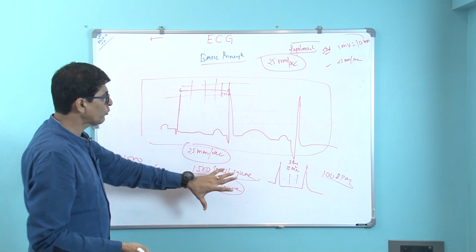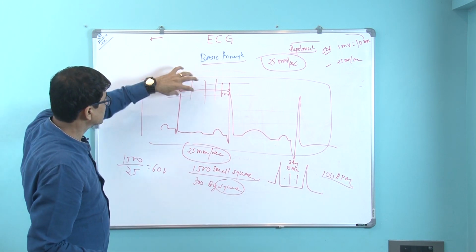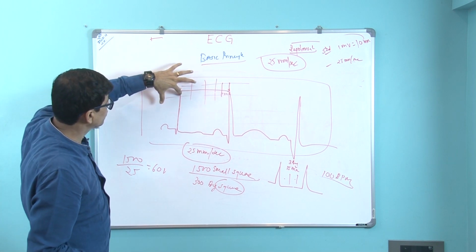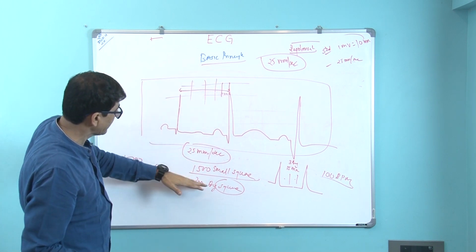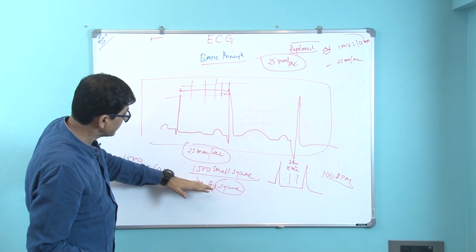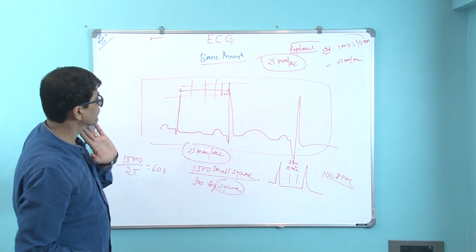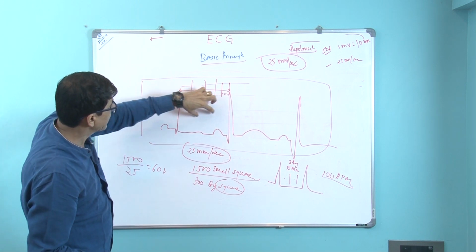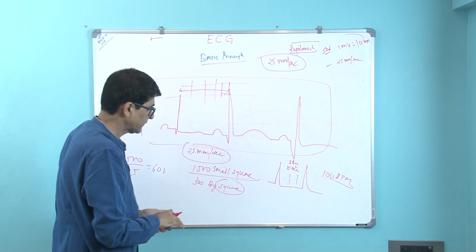So if you want to calculate heart rate, just count the number of small squares between two R waves and divide 1500 by the number of small squares, or 300 divided by the number of big squares. That's okay.